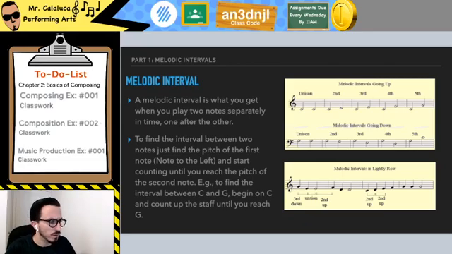So how do we find this? To find intervals between two notes, find the pitch of the first note. Remember, left to right is reading just like a book, and then you start counting up: 1, 2, 3, or whatever interval you're going to.